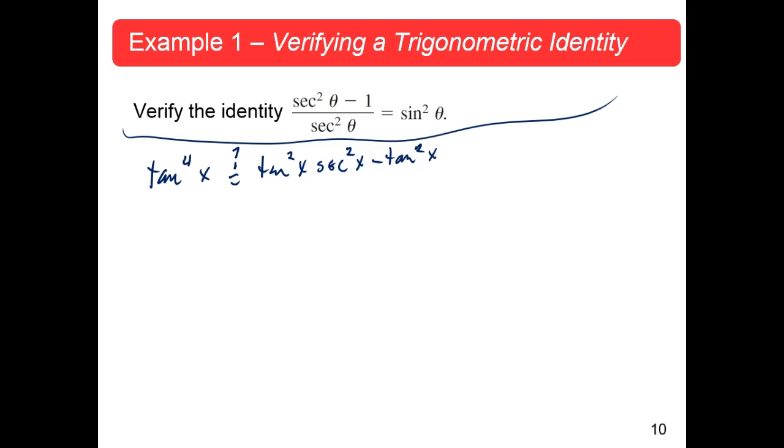What can we factor out of those 2 terms? Tangent squared x. Yeah, let's factor out a tangent squared x. And what are you left with? A secant squared x minus 1. Very good. Okay, does that look at all familiar?